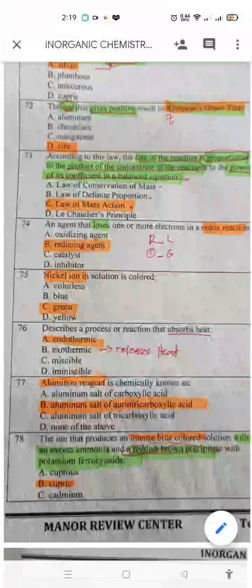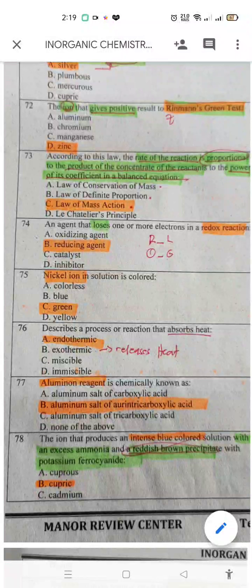So, number 78. The ion that produces an intense blue-colored solution with excess ammonia and a reddish-brown precipitate with potassium ferrocyanide is your cupric.